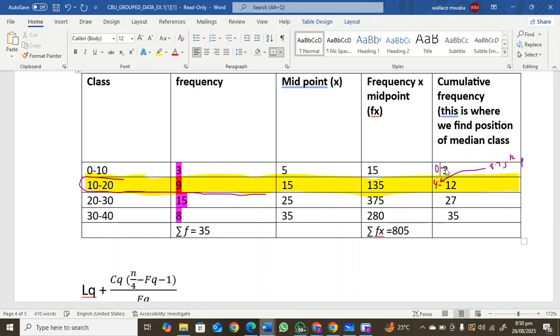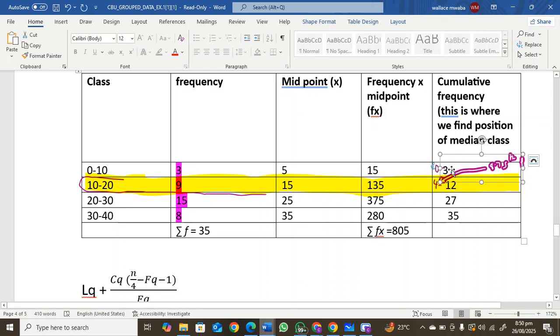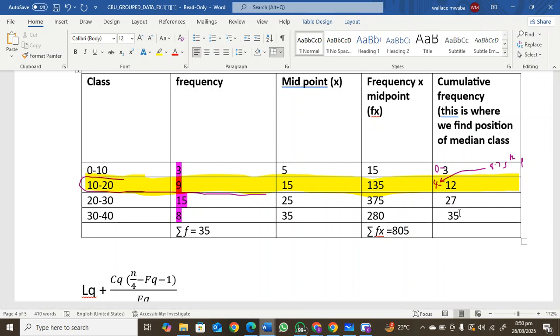These numbers are just put on paper. In the exam, you don't need to put them. I've just put them so that you can grasp the concept. But that's how you interpret this cumulative frequency column, from 0 to 3. Then the next number is 12, and this one ends on 3, so it's 4 to 12. Then 13 to 27, then 28 to 35. That's how you'll be able to determine where this position is located.